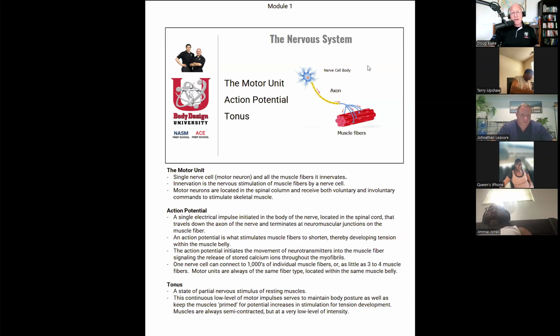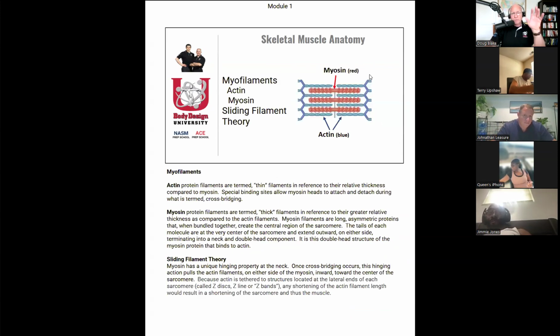Okay. So guys, we ended with the one slide here where we talked about the actin and the myosin filaments. And really the key to this particular slide was understanding that at the smallest level physically of the contractile components of a muscle, we went from a muscle, fascicle, muscle cell, myofibrils, all of the components that now bring us down to what's known as the sarcomere.